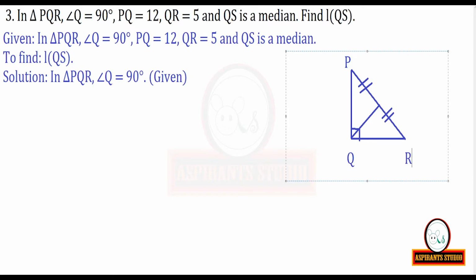You have to draw a right angle triangle PQR and mark measure of angle Q to be 90 degrees. PQ is 12. QS is the median and QR is 5.